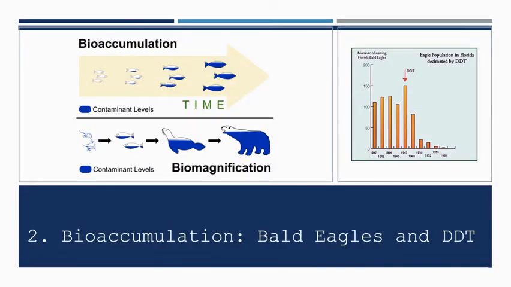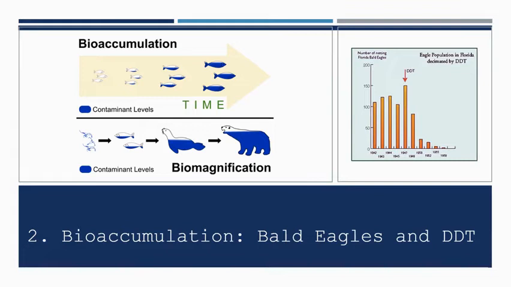Another drawback is bioaccumulation, and we're going to talk about this more when we get to pollution. But the two different things are bioaccumulation and biomagnification. Bioaccumulation is where the same fish grow and grow, and over their lifespan they accumulate contaminants in their cells.